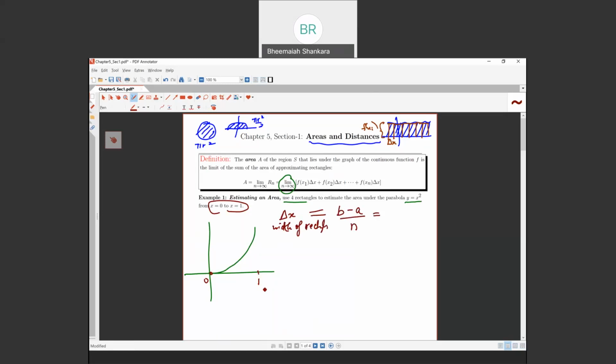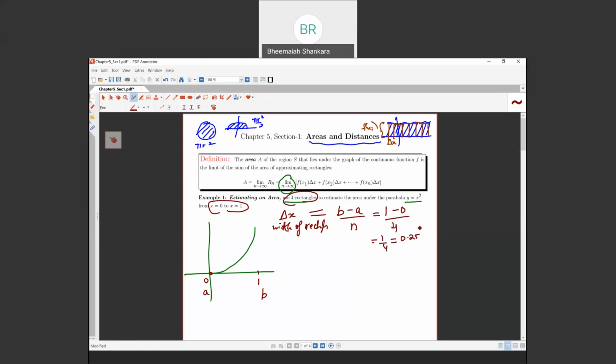B is the right extremity value, which is 1. A is the left extremity value, which is 0. N is the number of rectangles we want to divide. The question asks us to do 4 rectangles, so I'm going to write it as 4. So simplify, you can say this is 1/4, or you can say this is 0.25 if you want the decimal conversion.